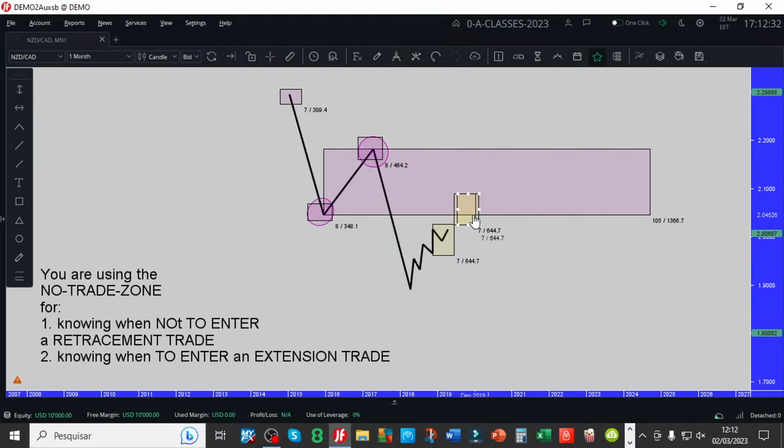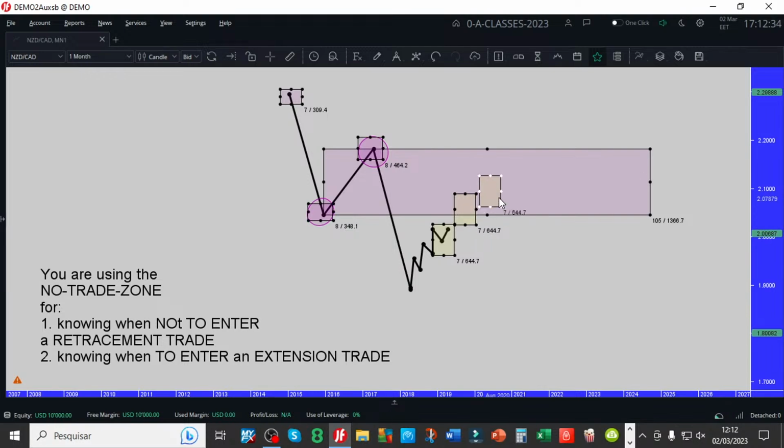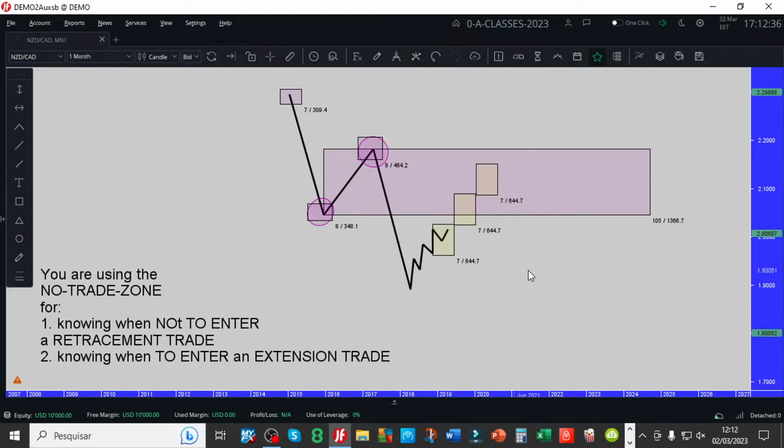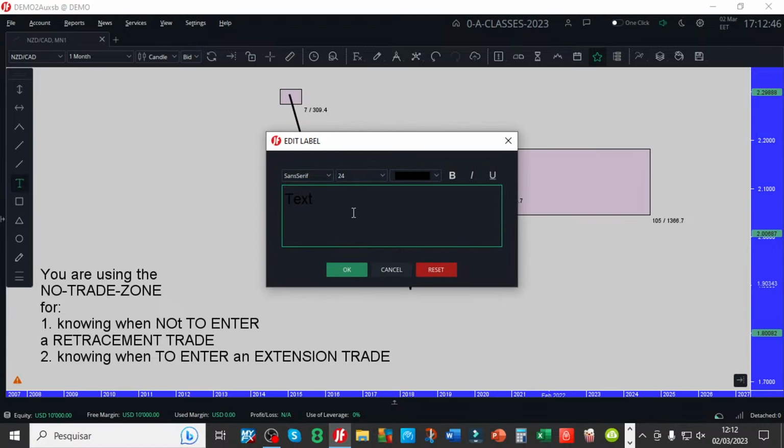So when the take profit goes inside the no trade zone, hello Allah, how are you? When the take profit goes inside the no trade zone, okay, trading concept.